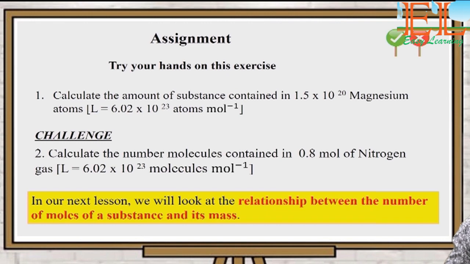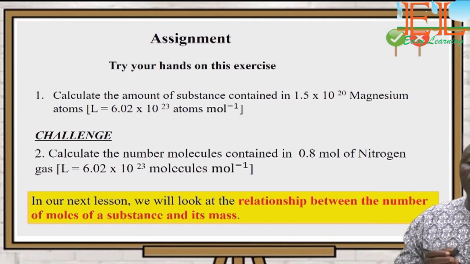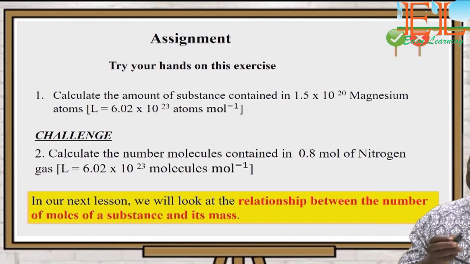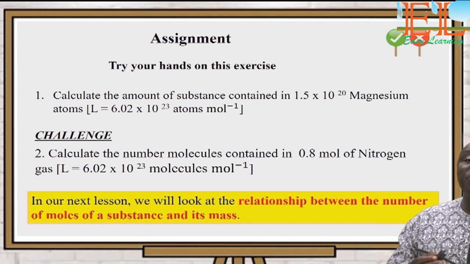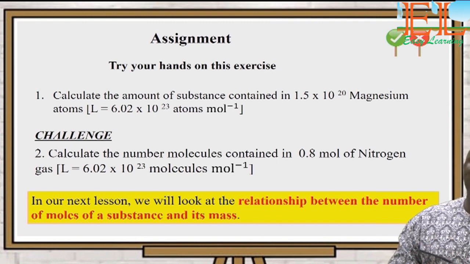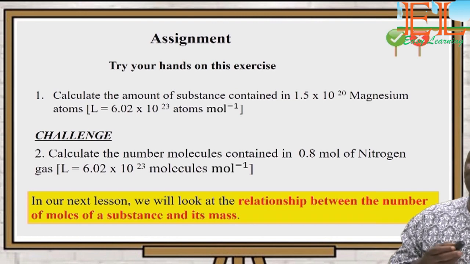Question 2 is a challenge question, and it reads, calculate the number of molecules contained in 0.8 moles of nitrogen gas, given that L, which is Avogadro's constant, is equal to 6.02 times 10 raised to the power 23 molecules per mole.